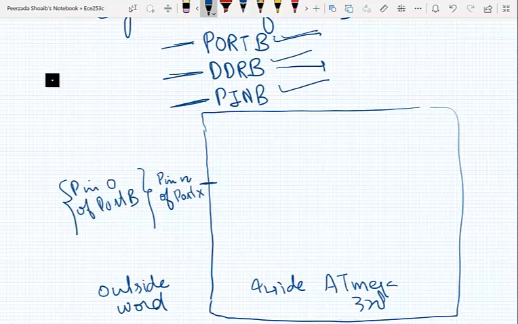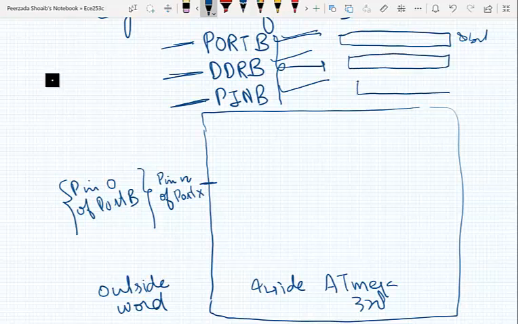Okay, one more thing. All three registers are 8-bit wide. That means port B is 8 bits wide, DDRB is 8 bits wide, and pin B is also 8 bits wide.